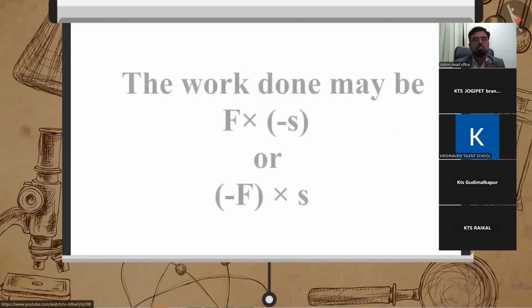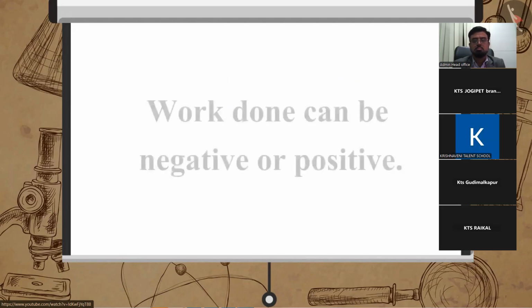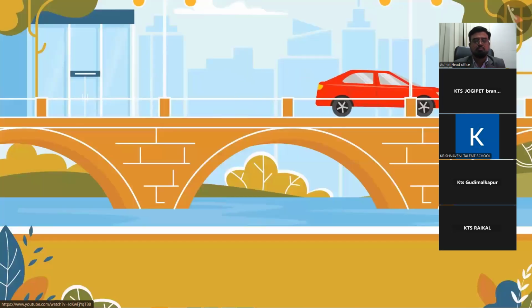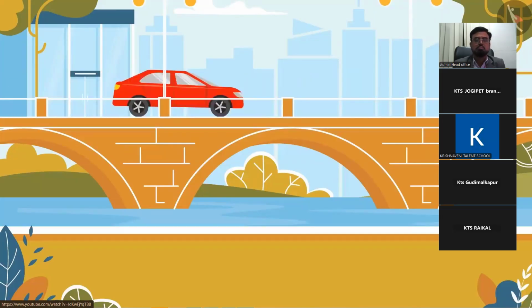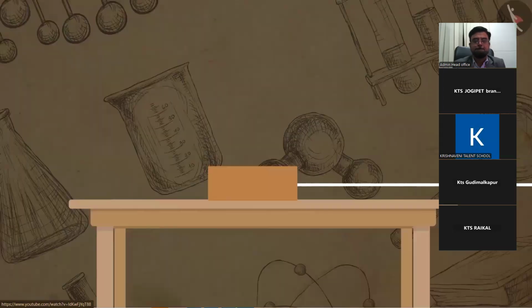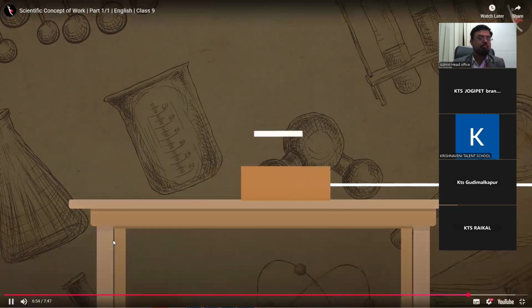The work done may be F multiplied by minus S or minus F multiplied by S. Therefore, we can say work done can be negative or positive. Work done can be negative when the force acts opposite to the direction of displacement, for example frictional force. And work done can be positive when the force acts along the direction of displacement.